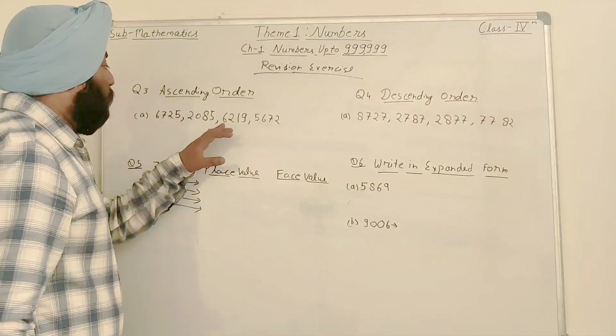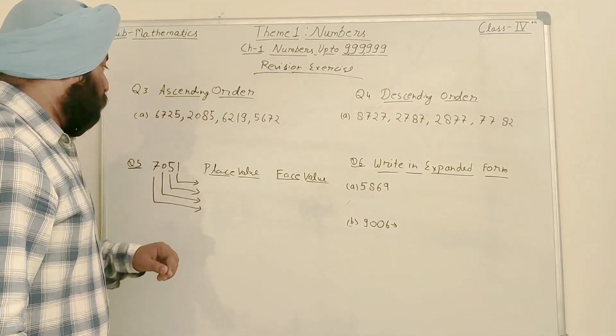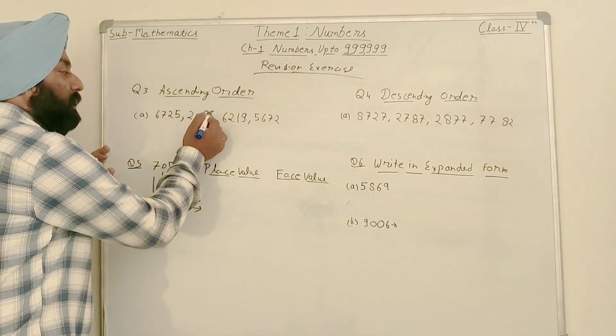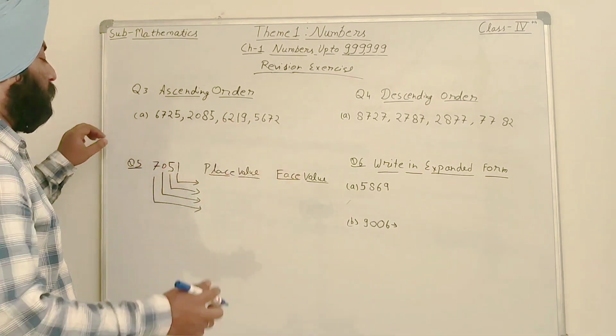Next is question number 3, ascending order. In ascending order, we have to write down the numbers from smallest to greatest. Then 2085 is our smallest number.